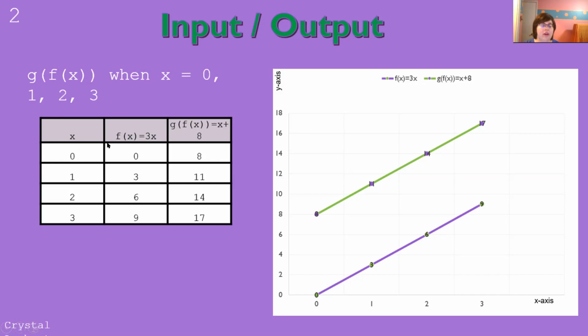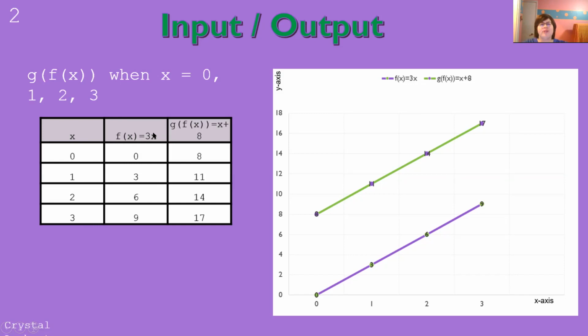So here, what we're doing is saying when x is equal to 0, so we put that 0 right there, then y is equal to 3 times x, which is 0. So we're going to replace our x values for x in our equation. So 3 times 0, 3 times 1, 3 times 2, and 3 times 3.